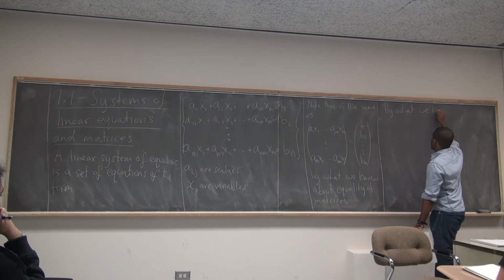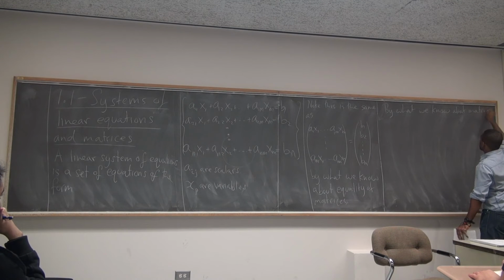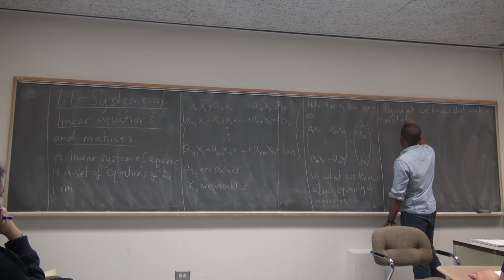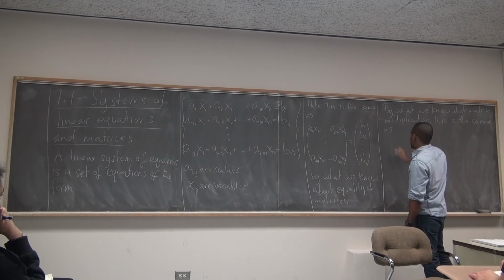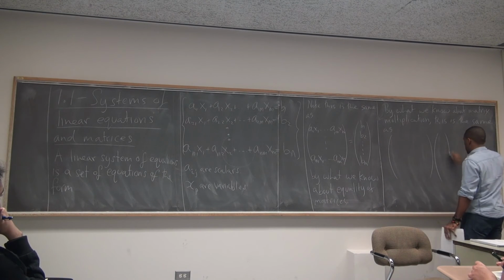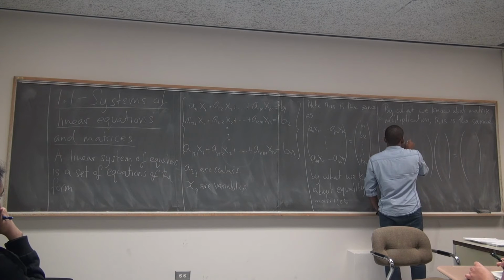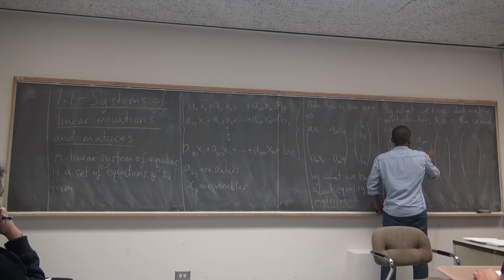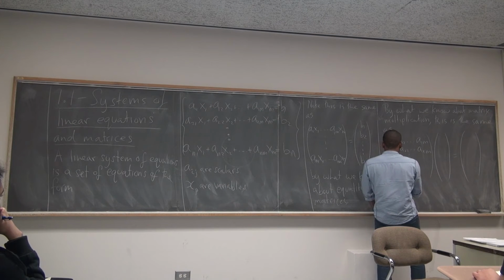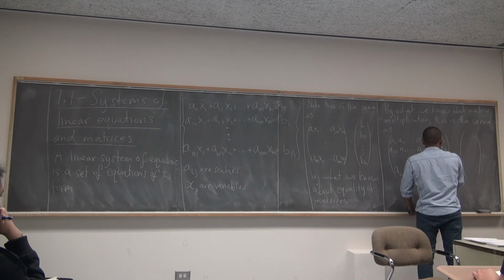Also, by what we know about matrix multiplication, this is the same as writing the following. I can actually break the left side down into a product of matrices: a11, a12, all the way down to a1n; a21, a22, all the way down to a2n; moving down to am1, am2, all the way down to amn. Then I can write x1, x2, all the way down to xn.